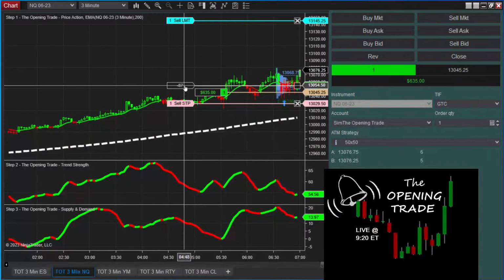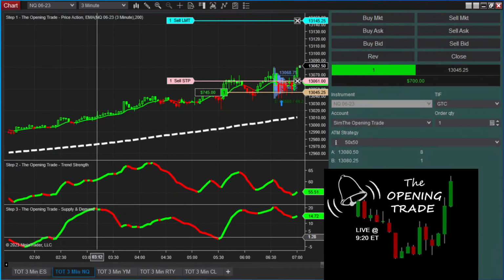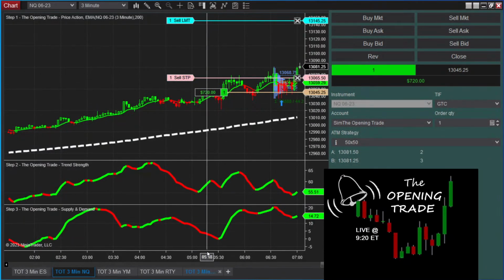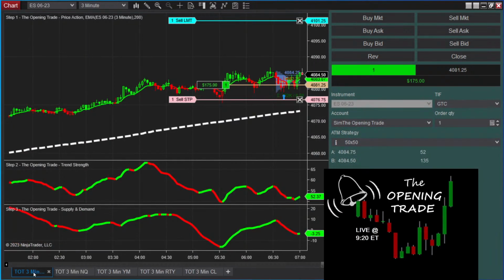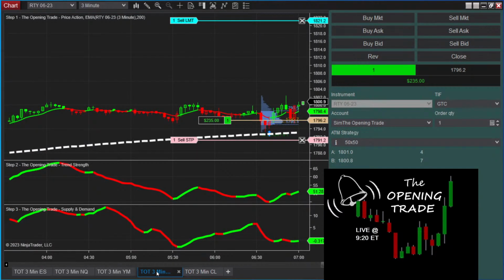I have disengaged my strategy, and I'm going to move my stop loss up because we've gone over 600, and if it turns around, I don't want to lose all that. Now we're up to almost 800, so I'm going to move it up just a little bit, because I don't want to lose any of those greenbacks, right? Okay, so S&P 500 is moving up. Russell, here we go.